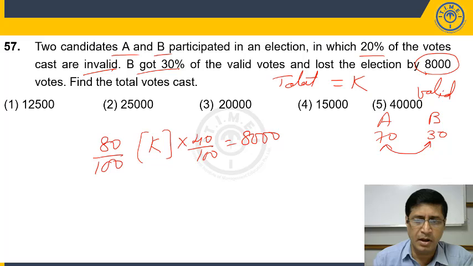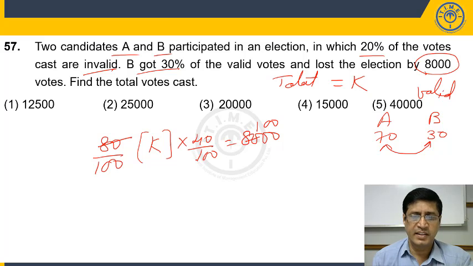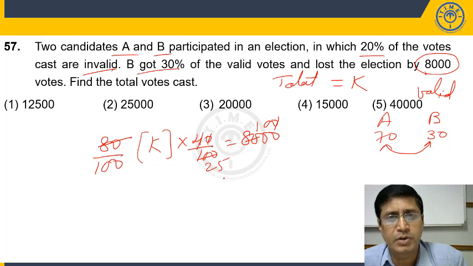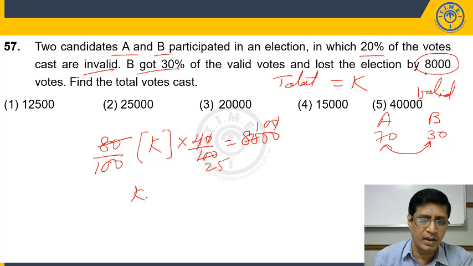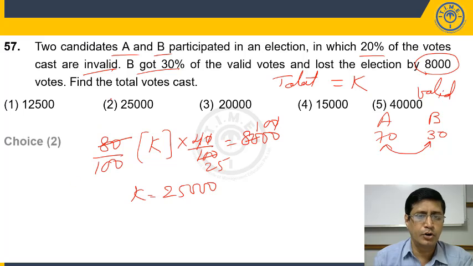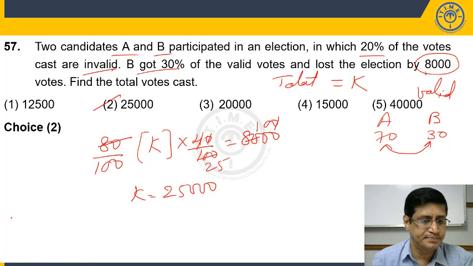Now 80 you can cancel with 80. Zero and zero we can cancel. 4 goes 25 times. Now 25 into 10 into 100, the value of K is equal to 25,000. Option number 2 is the right answer.